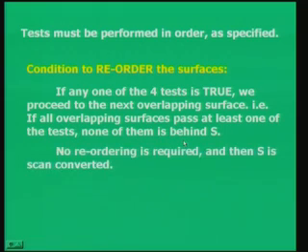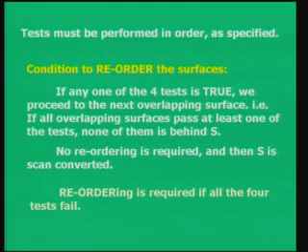No reordering is required, and then S is converted if any one of the tests is true. However, reordering is required if all the 4 tests fail. So, this we must keep in mind, that any failure of the depth extent overlap and then the 4 tests, if any one of them fail, reordering is mandatory.